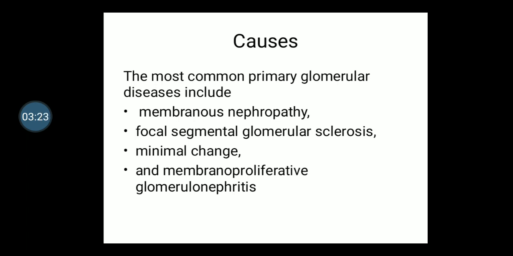And membranoproliferative glomerulonephritis, which means the disorder is getting proliferated. There is increase in the rate of affection. So all these are called primary, which means the disorder is primarily affecting the glomeruli.